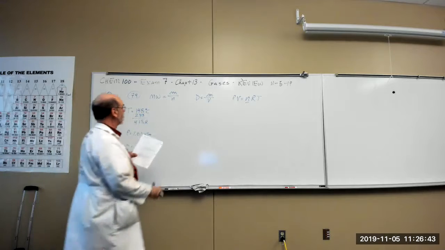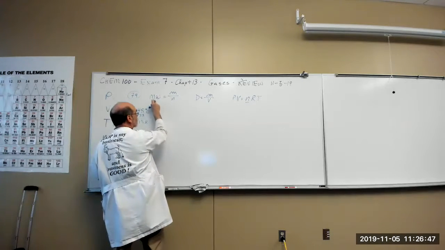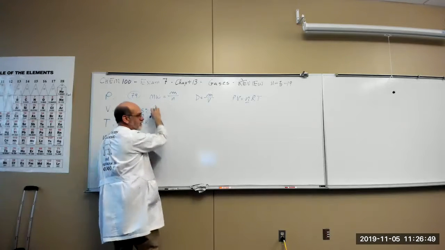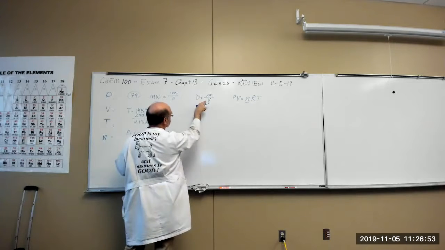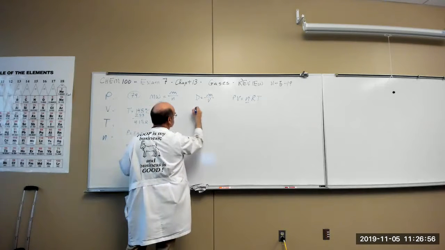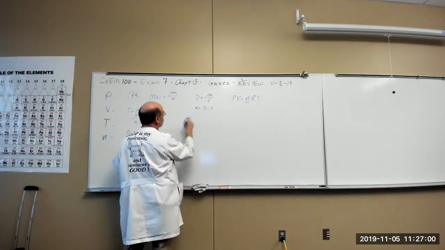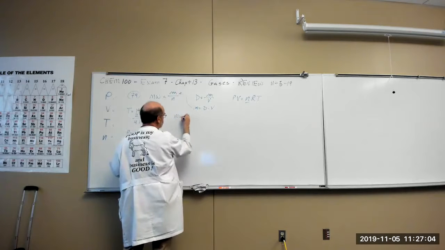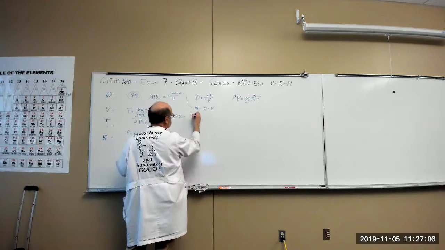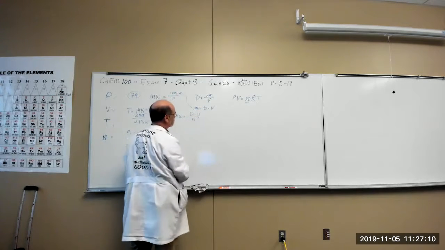Now, the question is solving for molecular weight, so this one always has to be by itself. But if we solve this one for mass, we can substitute that in here. So molecular weight then would be D times V divided by moles.